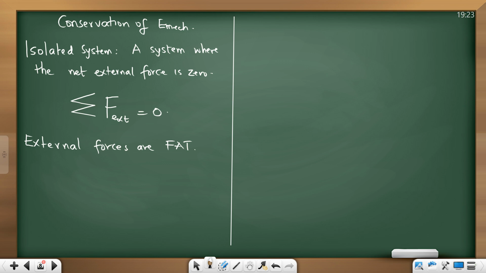Now, let's quickly state the law of conservation of mechanical energy. I'm sure you can state that now. What would you say?